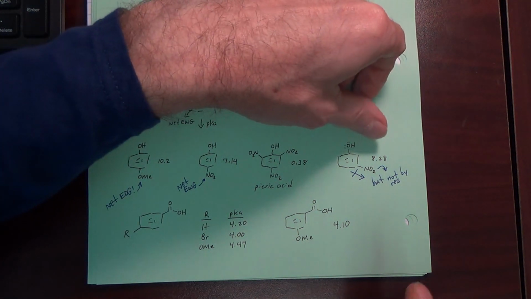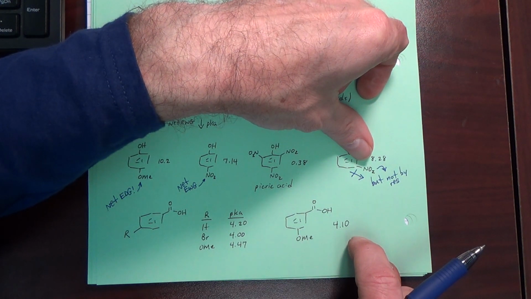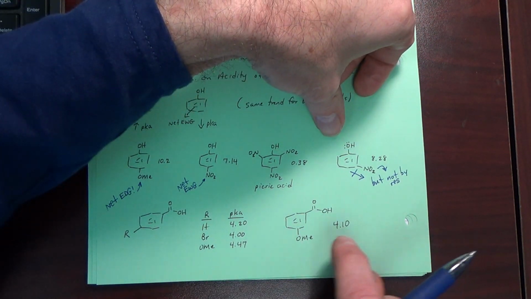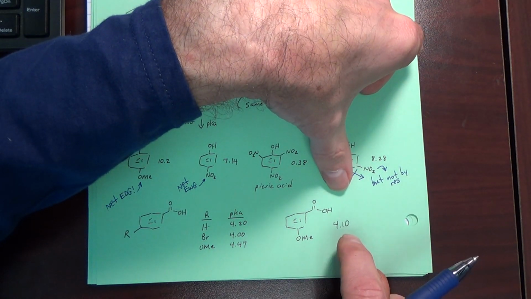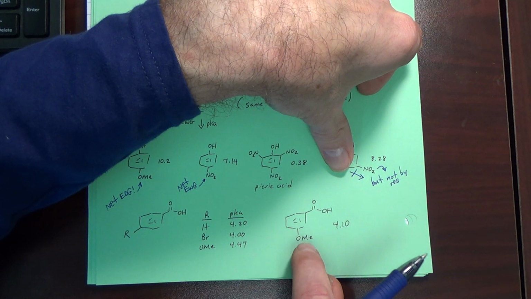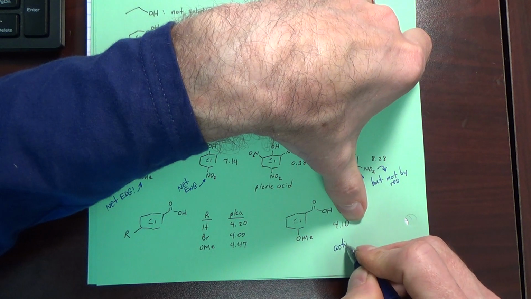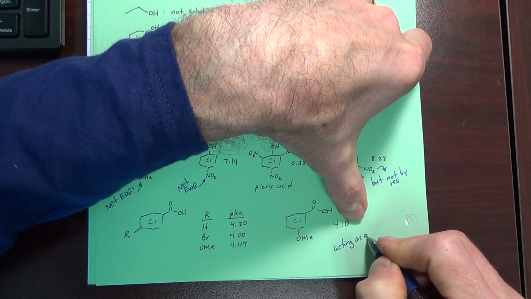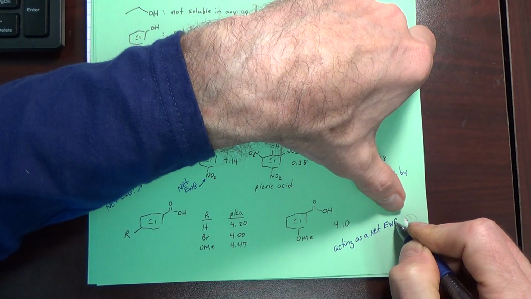Well, first off, believe the data. I wouldn't be giving you anything false here, or at least I'm telling you it is true, accurate information. Since this is more acidic, what does that tell you about what the group is doing? Okay? It's acting as a net electron withdrawing group.